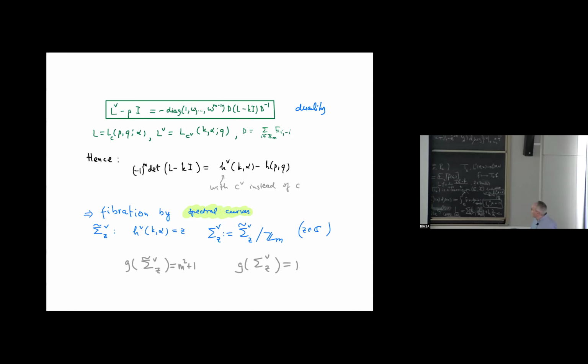Roughly it means that your original Lax matrix is almost the same as the Lax matrix in the dual, in the spectral variable, if you change parameters. And from that, you can see rather easily that the answer for your characteristic polynomial will be just the difference of two Hamiltonians, one your original Hamiltonian in p, q, and another one the dual one in terms of the spectral variable.